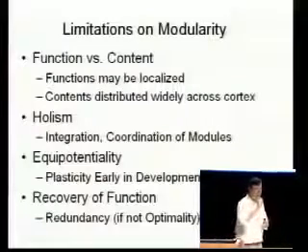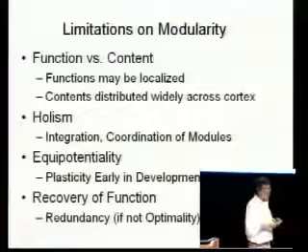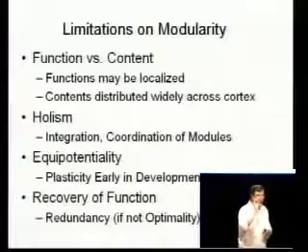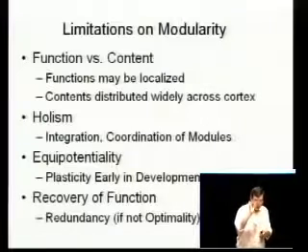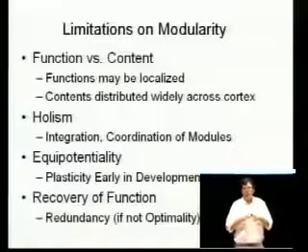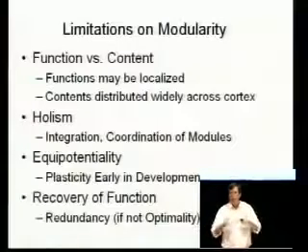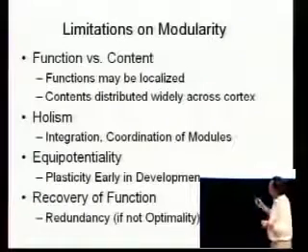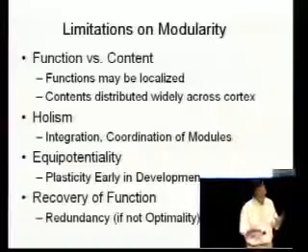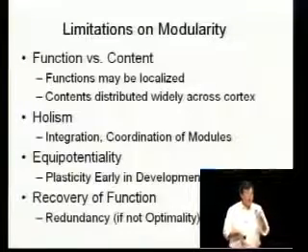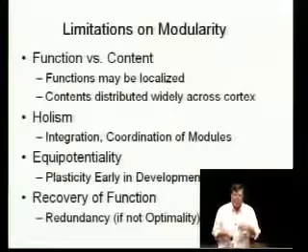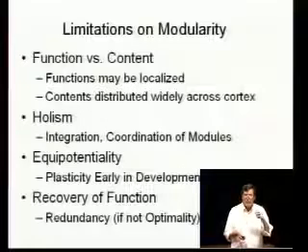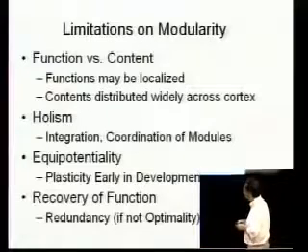Memories like what you had for dinner last Thursday, or what your grandmother told you on your high school graduation, are not localized in particular bundles of neurons. Those memories are represented as a pattern of neural activity that is distributed widely over the cortex. Okay, so the first limitation on the doctrine of modularity is that it may apply to functions, but it doesn't seem to apply to content. It may apply to how you think, but it doesn't necessarily apply to what you think about.